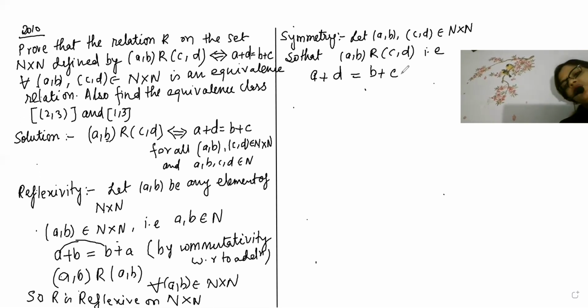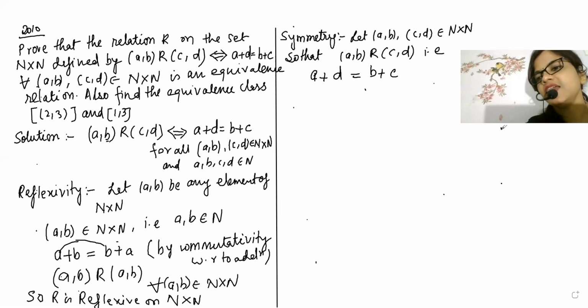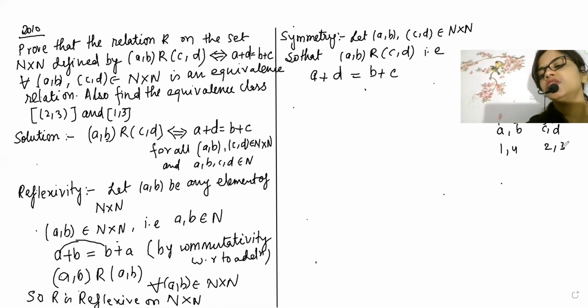Now what you can do here is bring C plus D is equal to A plus B. First, I will teach you a technique. The technique is A comma B, C comma D, which is 1, 2, 3, 4. So what order are you writing? 1, 4, 2, 3.